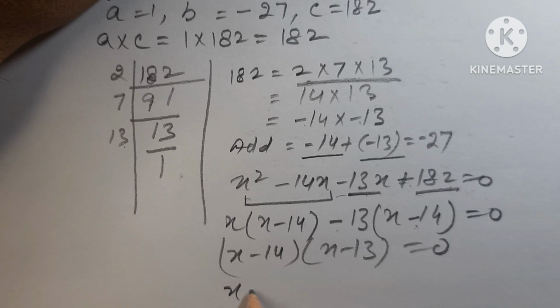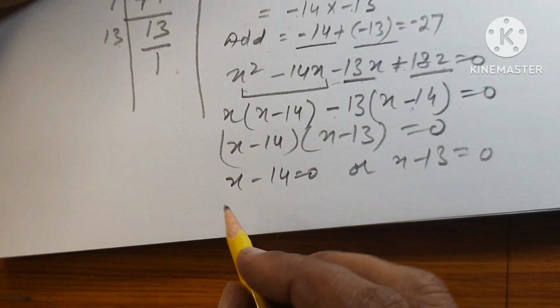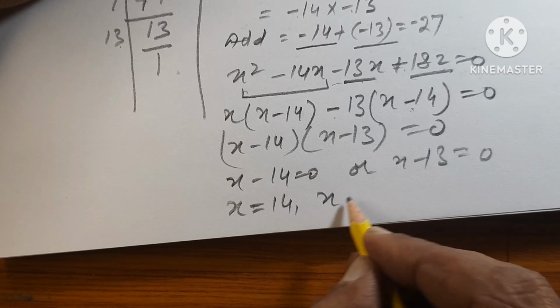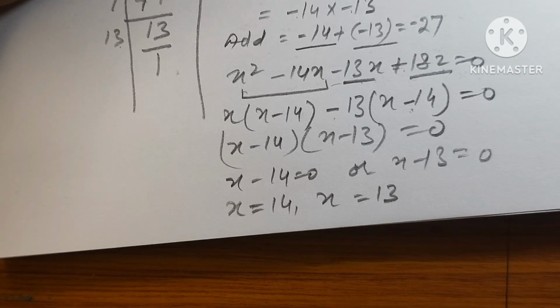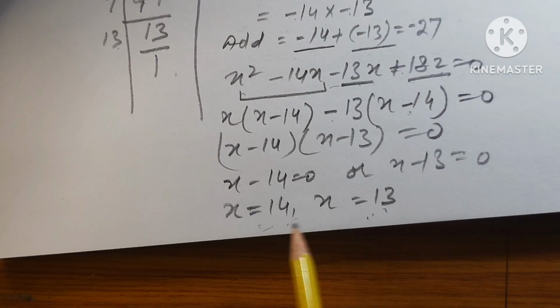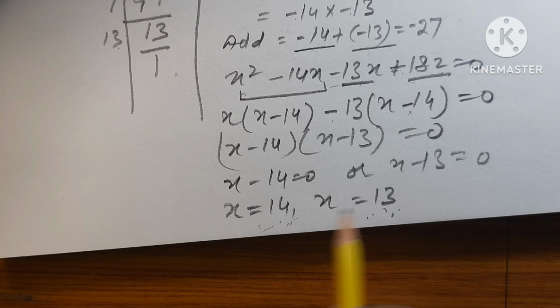That means x minus 14 is equal to 0 or x minus 13 is equal to 0. That means x is equal to 14 or x is equal to 13. So the numbers we were supposed to find were 14 and 13. These are the required numbers.